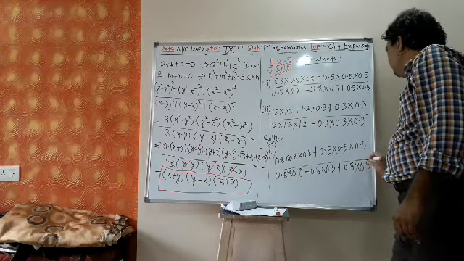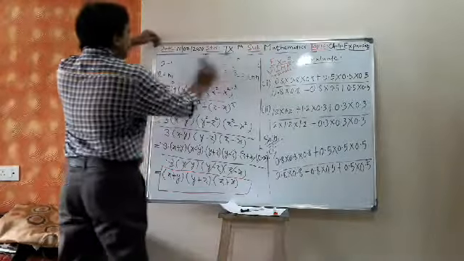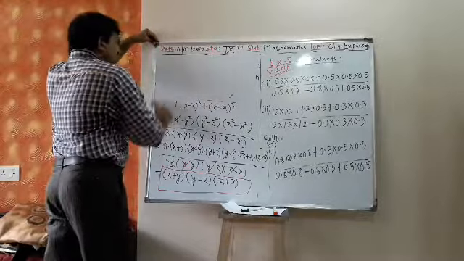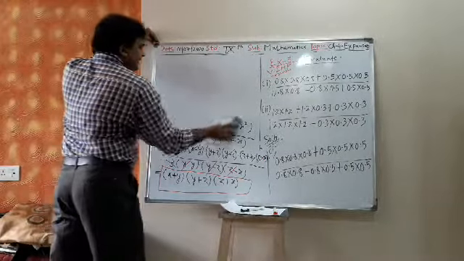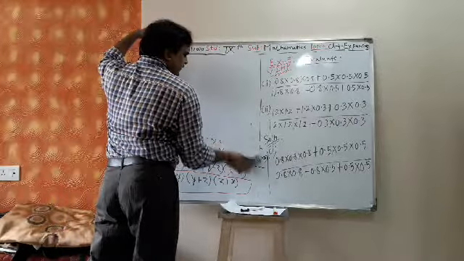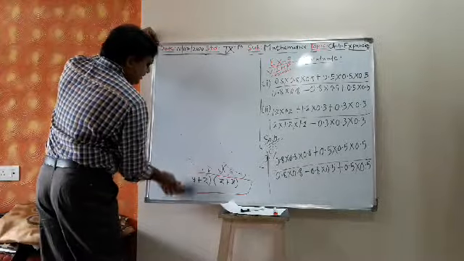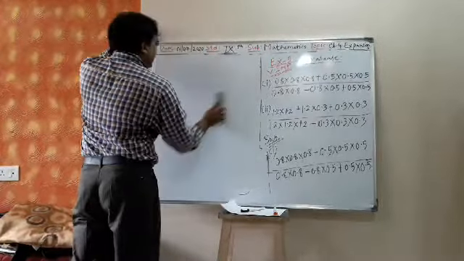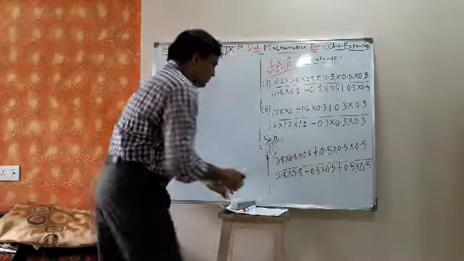See, don't go directly for multiplication. How can you cancel? You can cancel the terms of numerator and denominator only when there is multiplication. Here in the numerator and denominator we have plus and minus signs.